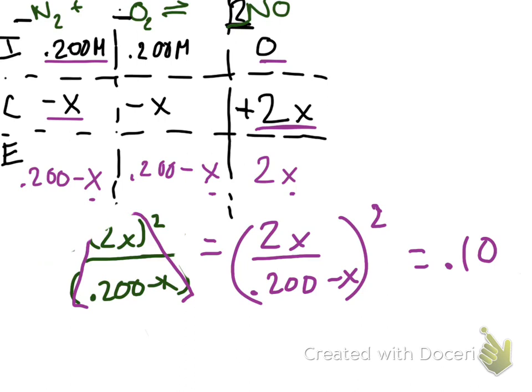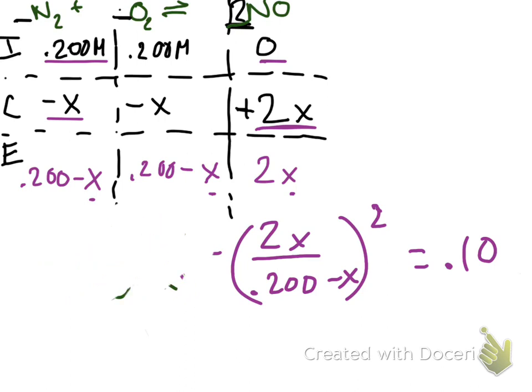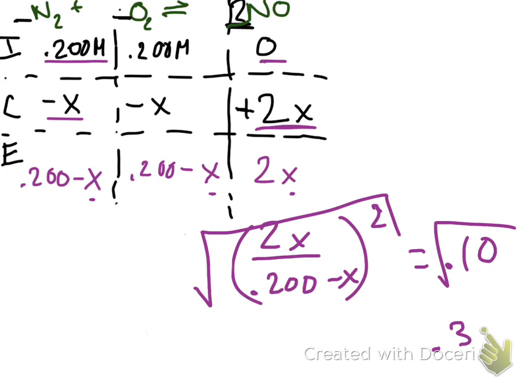So we will square root both sides to get rid of that square, and the square root of 0.10 is 0.316, which equals 2x over 0.200 minus x.